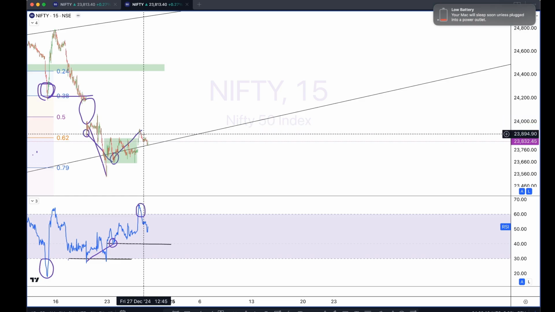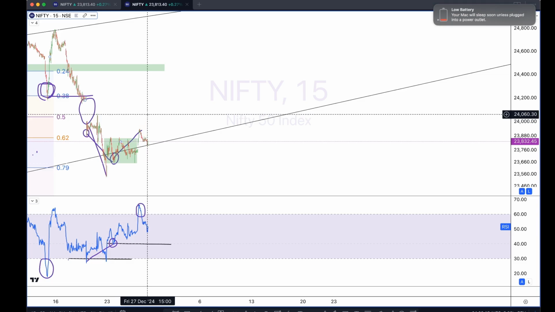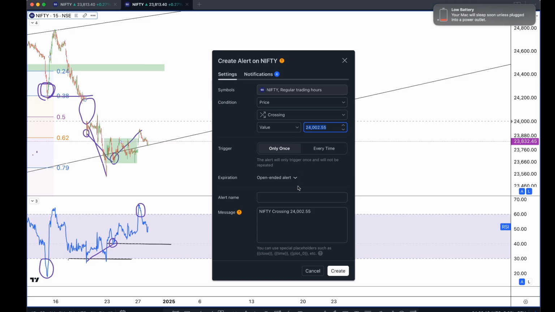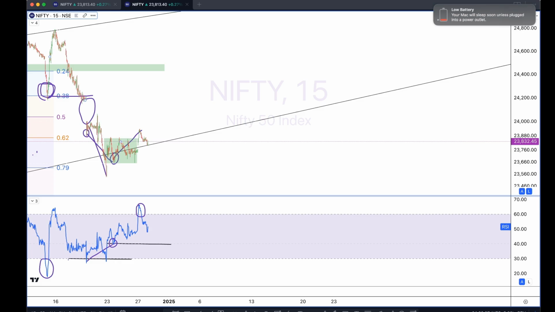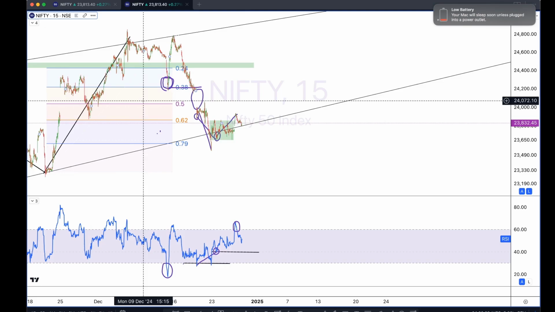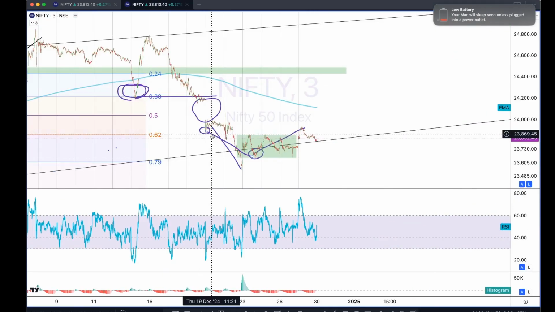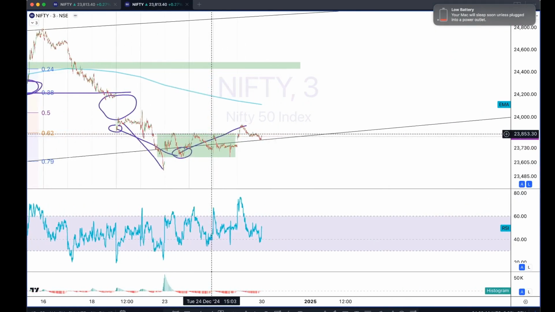So again, click on the price, Alt A or Option A. So that's the 24,000 level, and I will set an alert of higher high, right? So if this gap gets properly filled, the chance of Nifty heading higher is going to be better. Of course, more momentum analysis will need to be done when that happens.